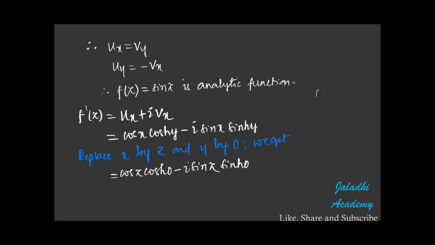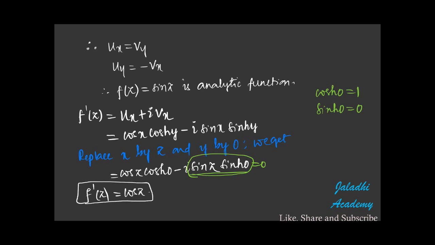Noting the two values, cos hyperbolic 0 is 1 and sin hyperbolic 0 is 0, so the second term goes to 0, and we get only cos z. So this is the differentiation of the given function, that is f of z is equal to sin z.